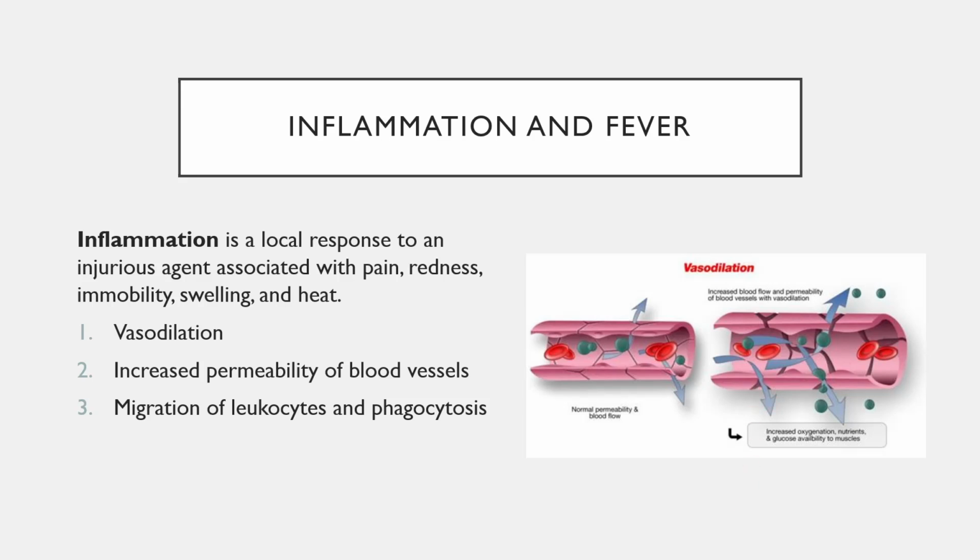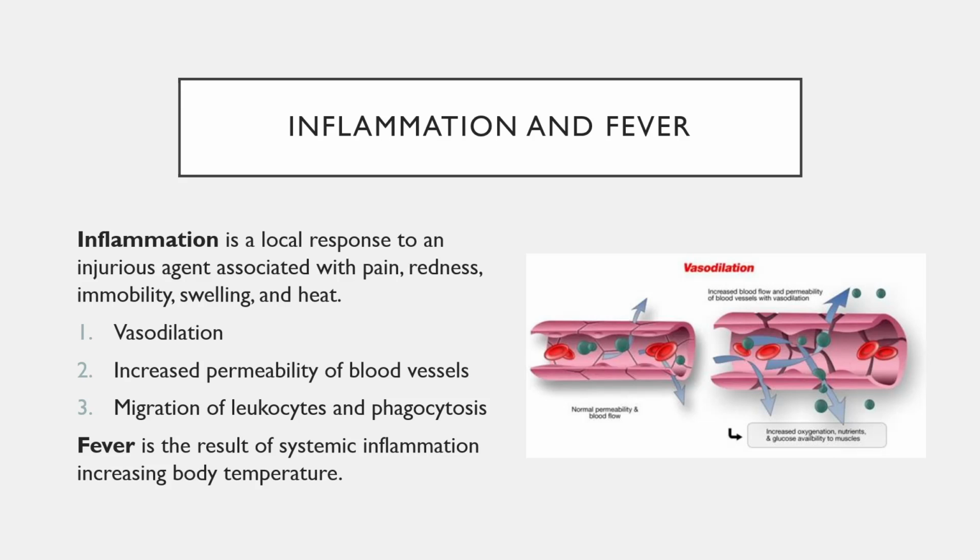When inflammation happens on a systemic scale throughout the entire body, the result is fever or an overall increase in body temperature. There's evidence that lower grade fevers can assist in the immune response and therefore fighting infection. But fever can get so high that it becomes dangerous to a person. So higher grade fevers are somewhat counterproductive.